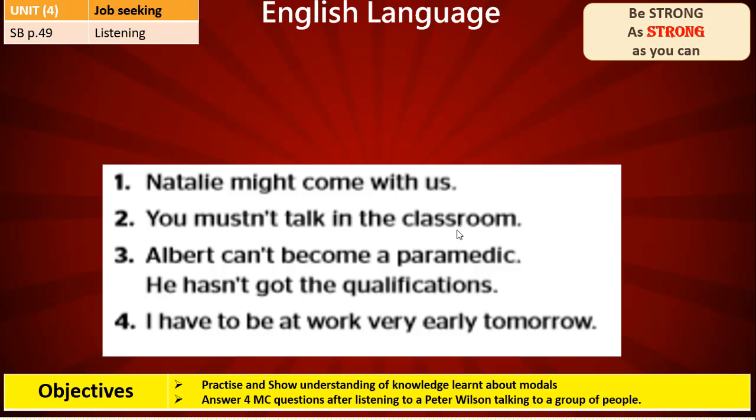Someone please read these 4 sentences. Yes, Radhi. 1. Natalie might come with us. 2. You mustn't talk in the classroom. 3.